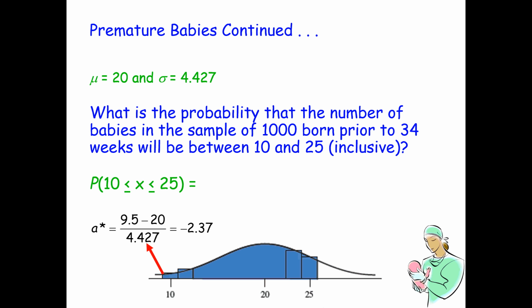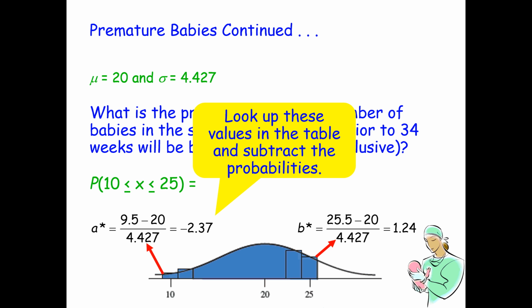Then we're going to do our b star, which is up at the top end. And we're not going to use 25. We need to do that 0.5 as well. So we're going to use 25.5 minus 20 divided by 4.427 and get 1.24. Now we're going to look these values up in our table and then subtract the probabilities.